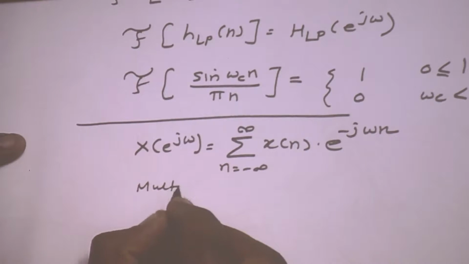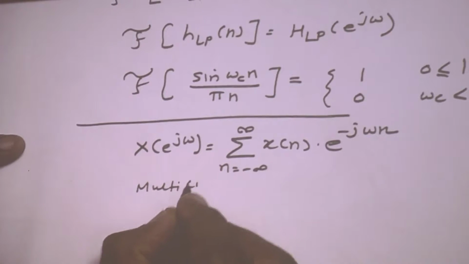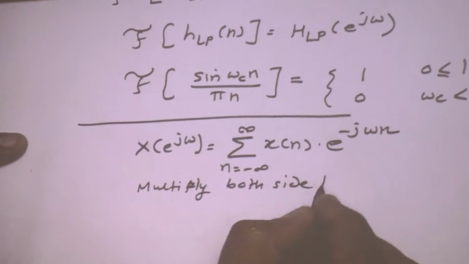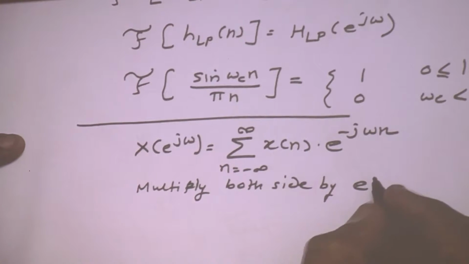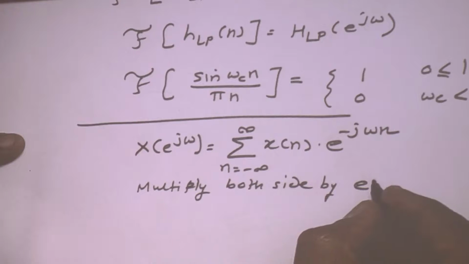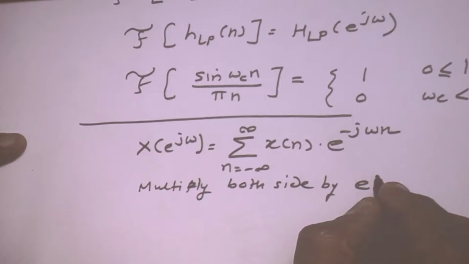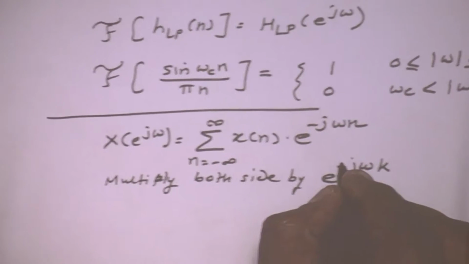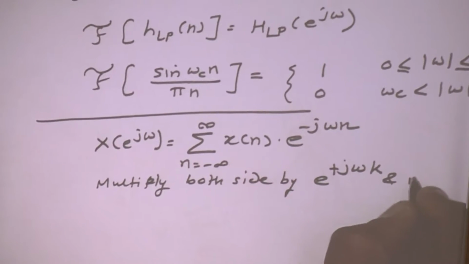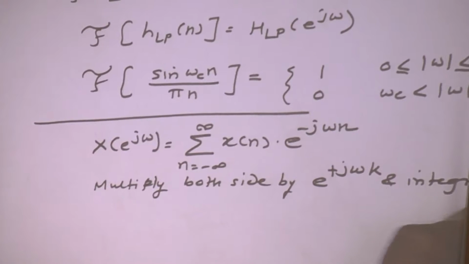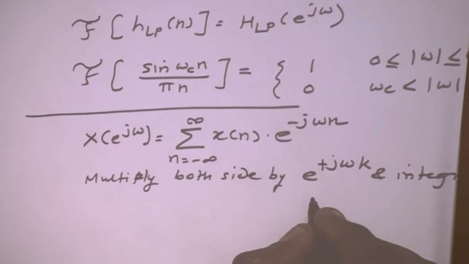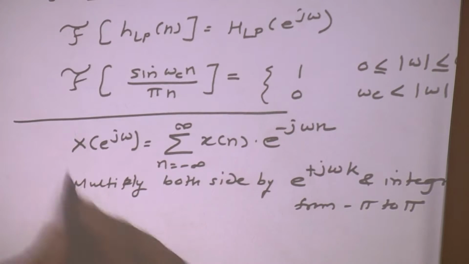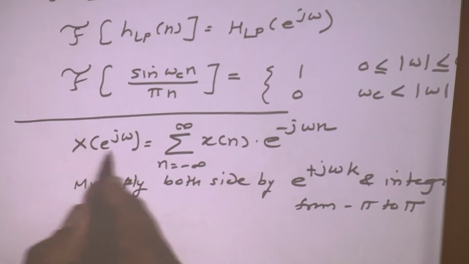Let us multiply both sides by e to the power j omega k and integrate from minus pi to plus pi, because this function is existing only from minus pi to plus pi.